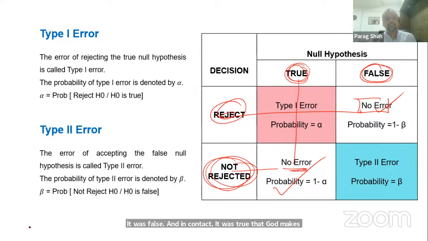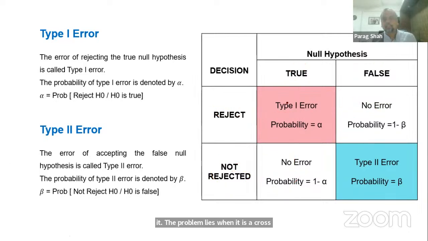The problem lies when it is a cross situation. When a true hypothesis is rejected, that is called type 1 error, and its probability is called alpha, which is called level of significance. And vice versa.